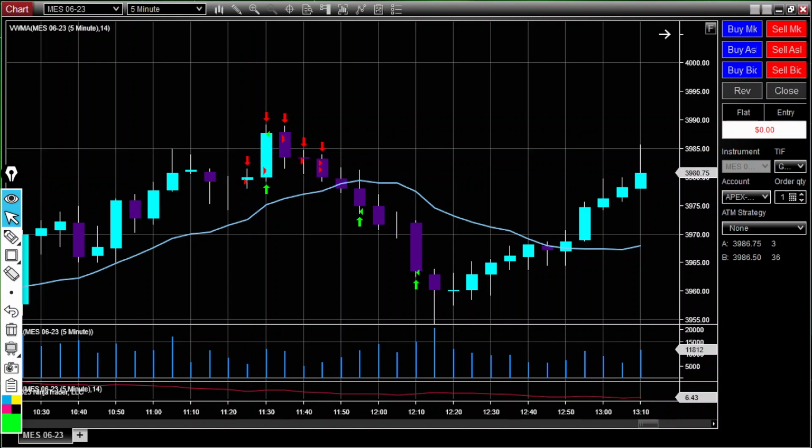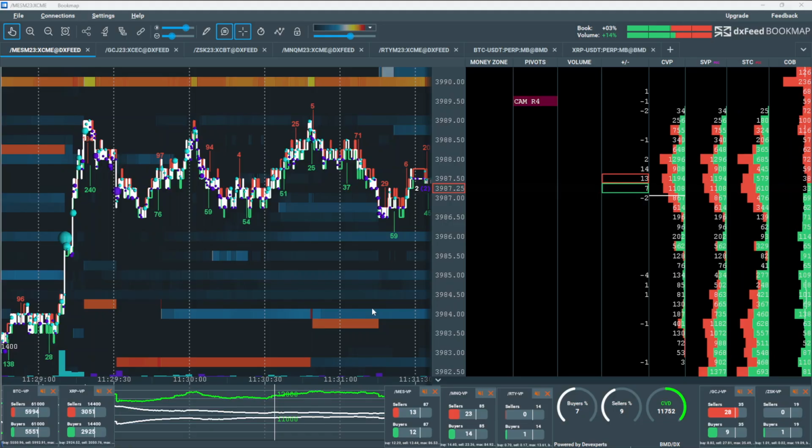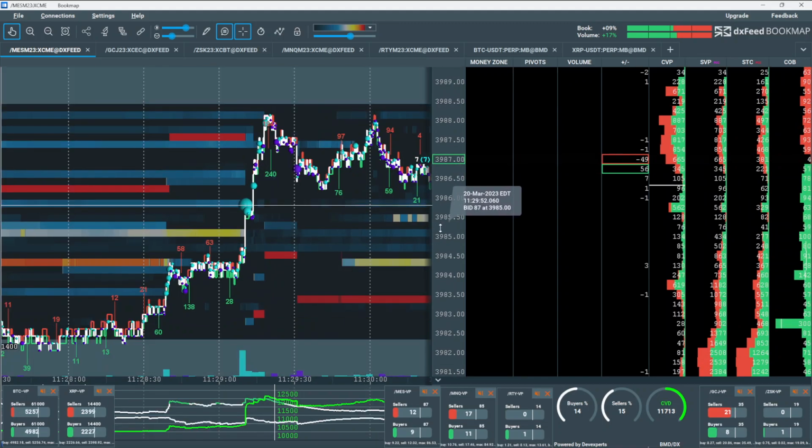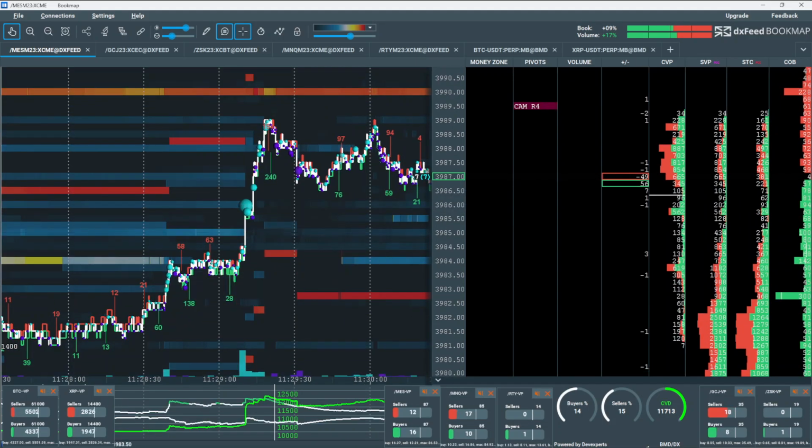Just switching back over to Bookmap, 11:25. And actually, let me make NinjaTrader into a 1 minute chart so I can see the times better. Hold on one second.